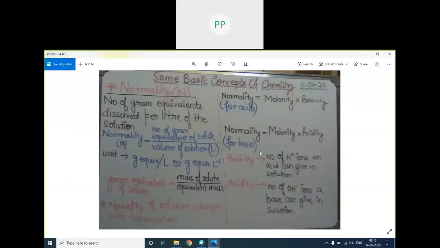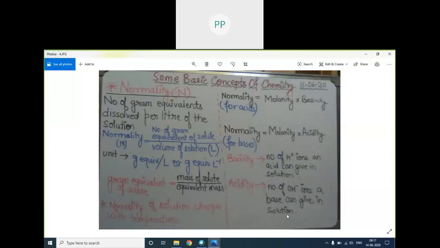And here is the definition. Basicity is for acids, and we know acids give H plus ions, so it is the number of H plus ions that an acid gives in solution. And acidity is for bases, meaning the number of OH minus ions that a base can give in a solution.